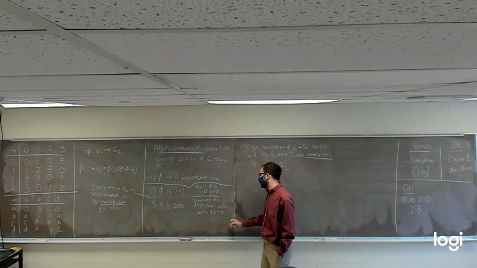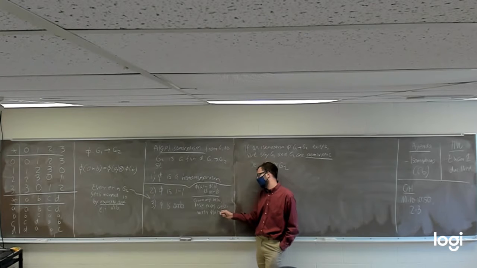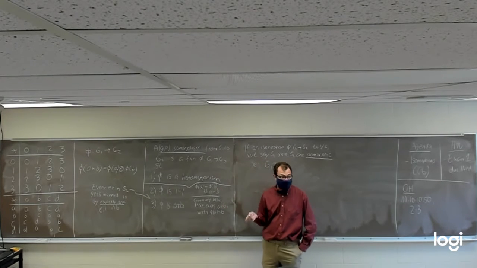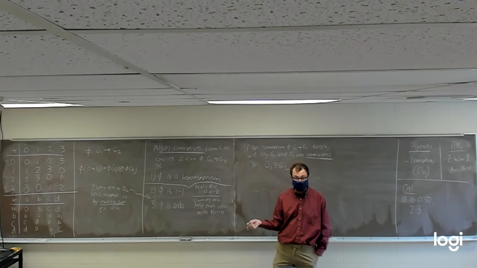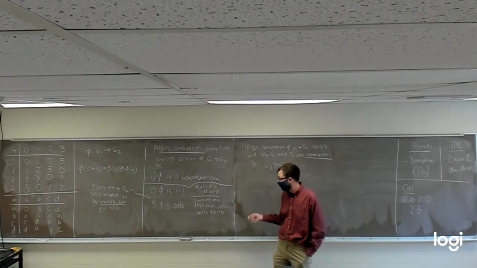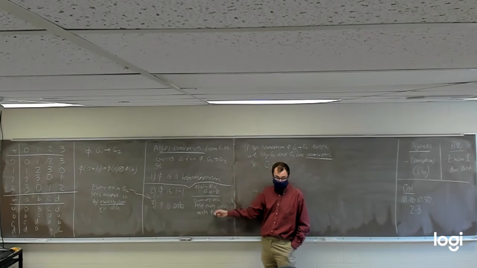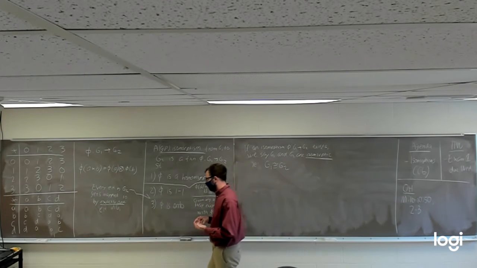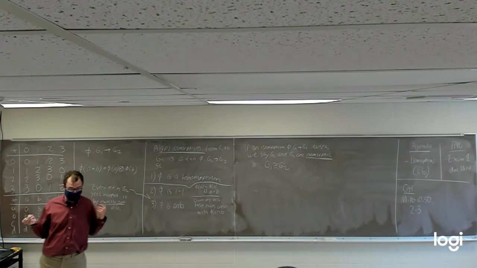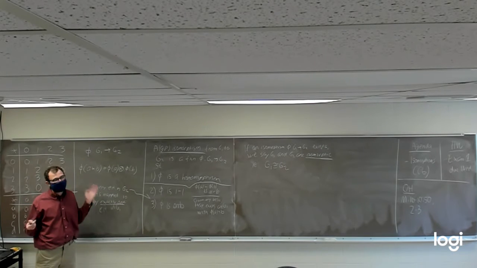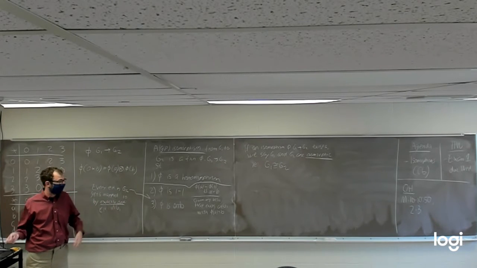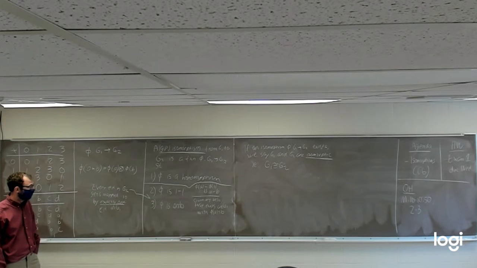Given any element in G2, there exists at least one element in G1 that maps to it. And 1 to 1 is going to tell us that we can't have multiple things mapping to anything in G2, because that would violate the 1 to 1 condition. So combining these two conditions together tells us that every element in G2 gets mapped to exactly once. And so you get this unique 1 to 1 correspondence between elements in G1 and elements in G2.